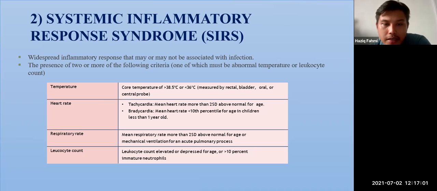From the table, we can see the temperature, either hyper or hypothermia, heart rate, we have tachy or bradycardia, respiratory rate, as well as leukocyte count. Respiratory rate means respiratory rate more than 2 standard deviations above normal for age, or mechanical ventilation for an acute pulmonary process. And for leukocyte count, elevated or depressed for age, or more than 10% immature neutrophil.